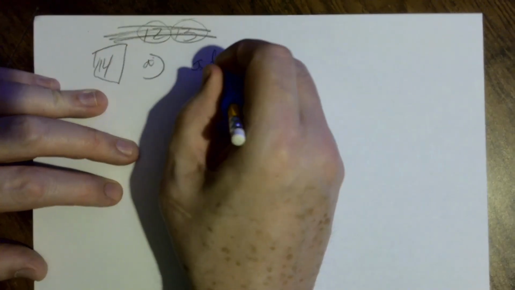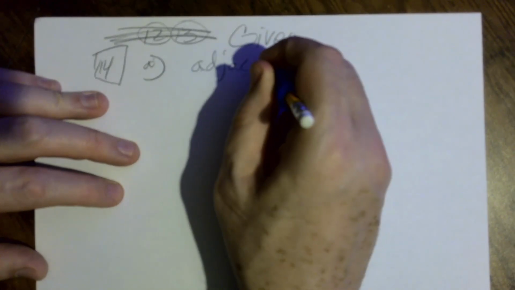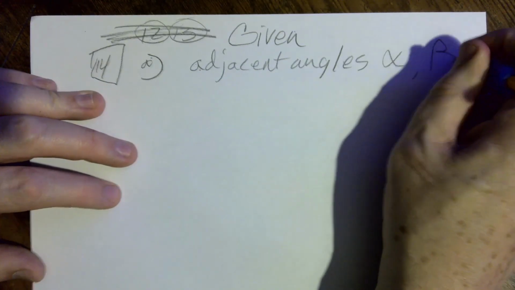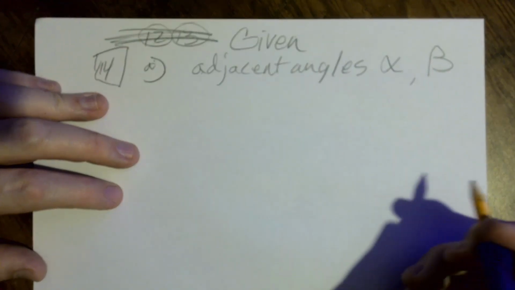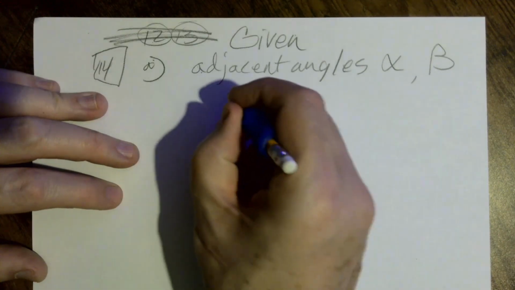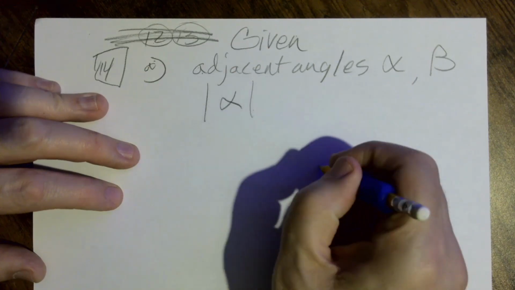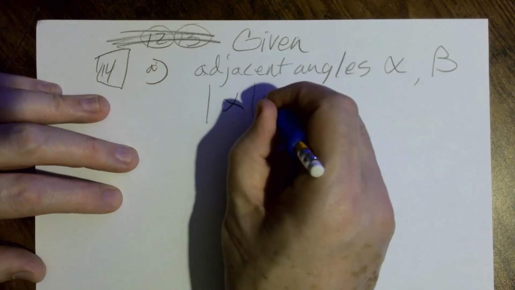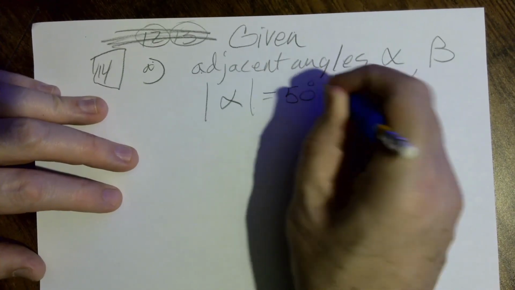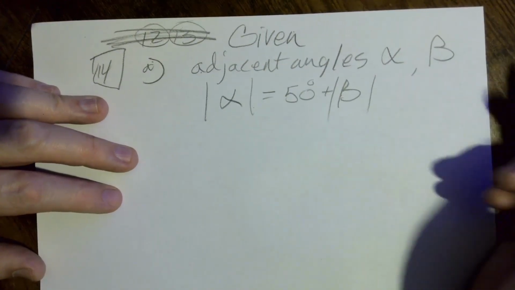So we're given adjacent angles, alpha and beta, and it says that angle alpha, the measurement of alpha, like that, we could write, is 50 degrees greater than beta.